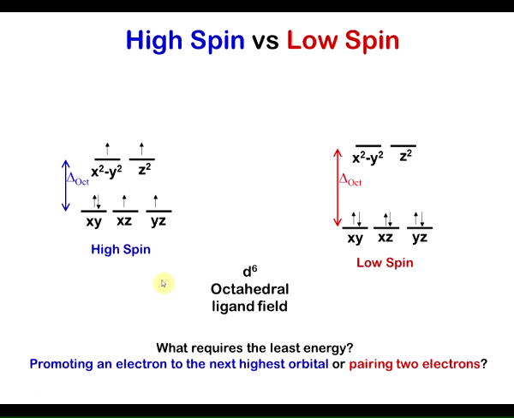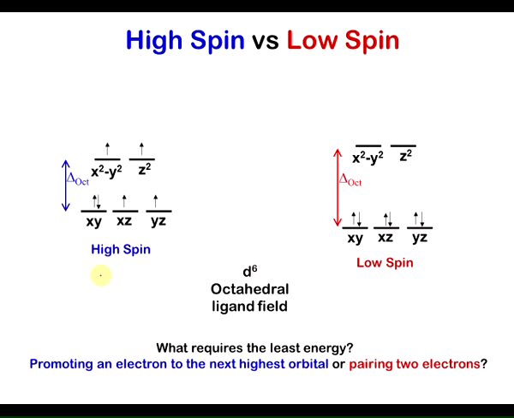Now, when we're filling in the electrons for complexes, they can either go in what we could term a high spin arrangement, or they can go into a low spin arrangement. So in the high spin, this means they have a high spin value.